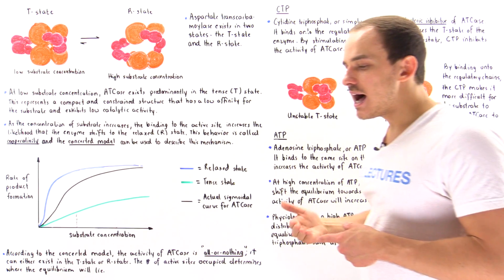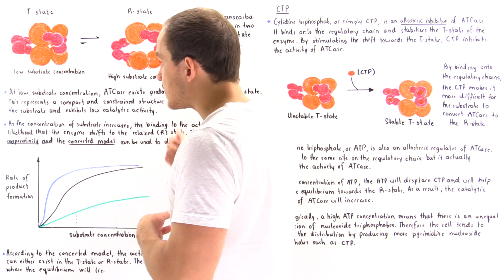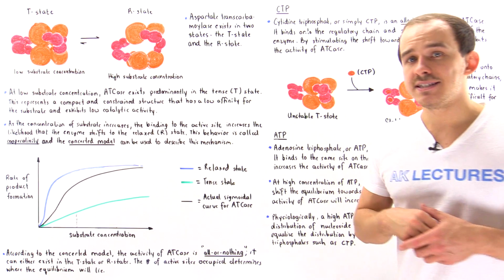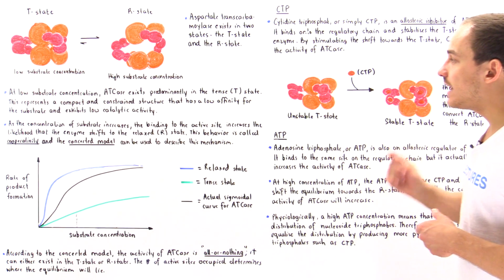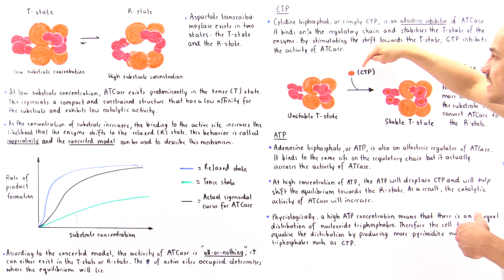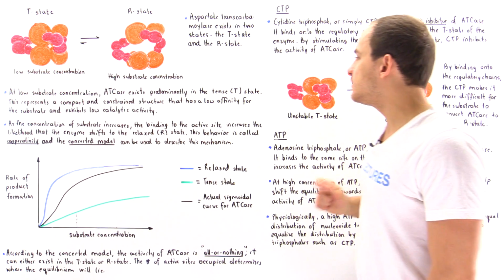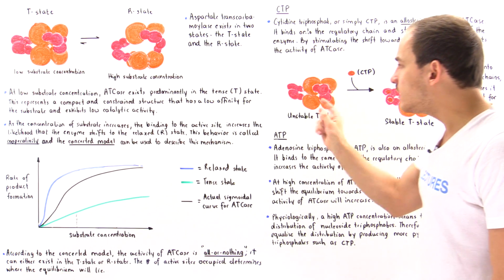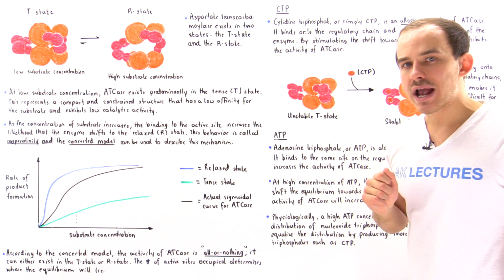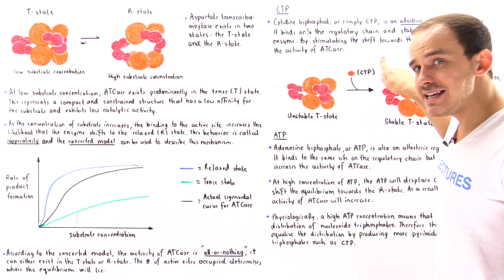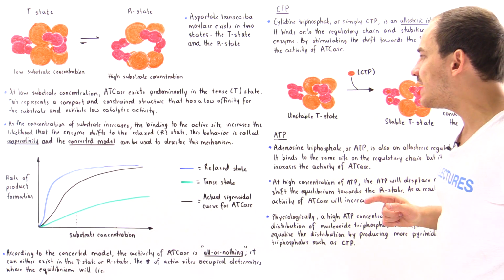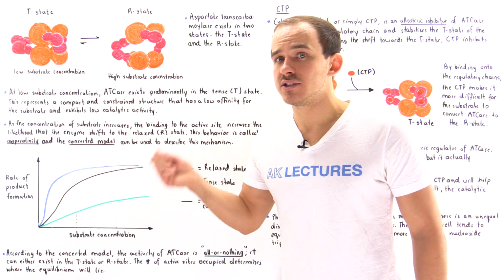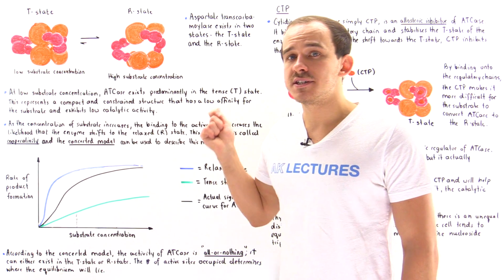Now, the second type of allosteric effector of this enzyme is actually ATP, adenosine triphosphate. In fact, adenosine triphosphate, just like CTP, also binds onto that same regulatory chain, these red chains. But unlike CTP, when ATP binds onto these regulatory chains, it actually increases the rate of activity of this enzyme.